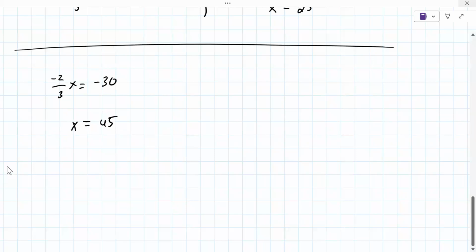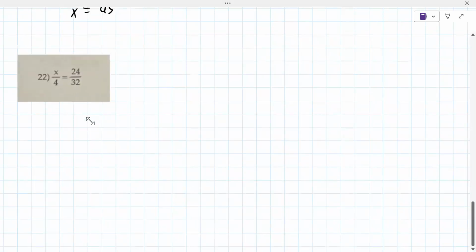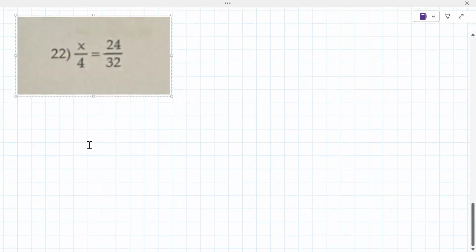Any questions on that before we move on to a new problem? No. Okay. All right. Okay, so we have x divided by 4 equals 24 over 32.